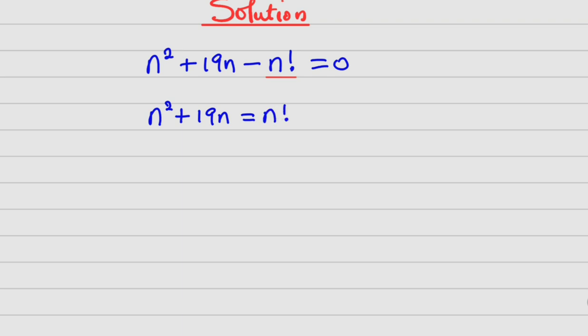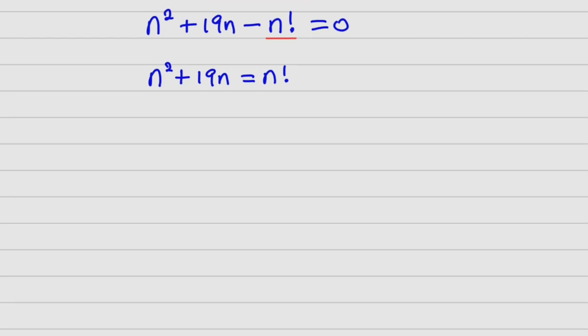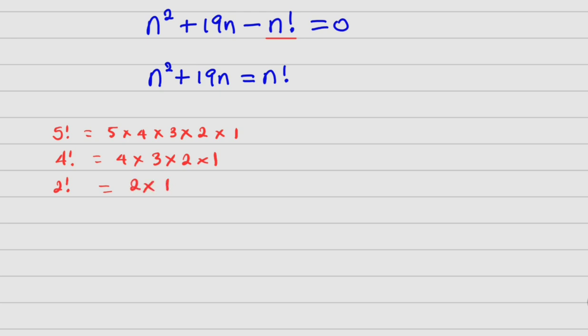Now, I want you to recall once you have a number factorial, for example, let's say you have 5 factorial. 5 factorial is 5 times 4 times 3 times 2 times 1. So also 4 factorial will be 4 times 3 times 2 times 1. Down until if you have 2 factorial, it is still 2 times 1.